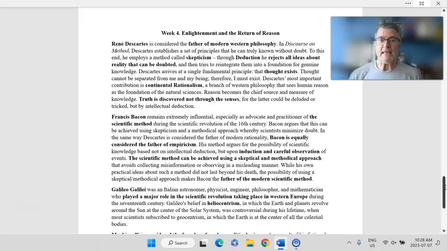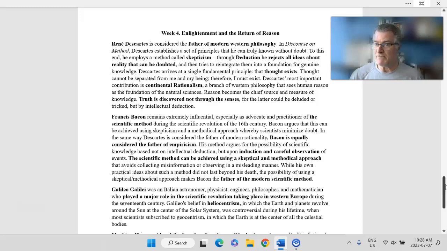And so he begins to construct this worldview using rationalism and creates what becomes in philosophy Continental Rationalism. Continental because it's Western European and it's based on the use of rationality and reason. So it's a branch of Western philosophy that sees human reason as the foundation of the natural sciences.